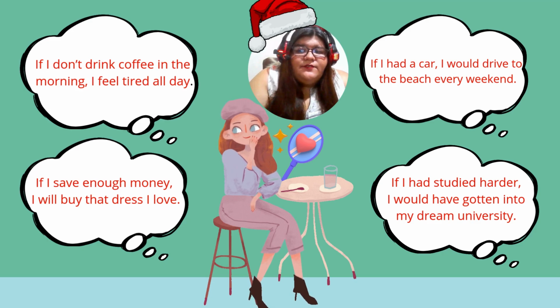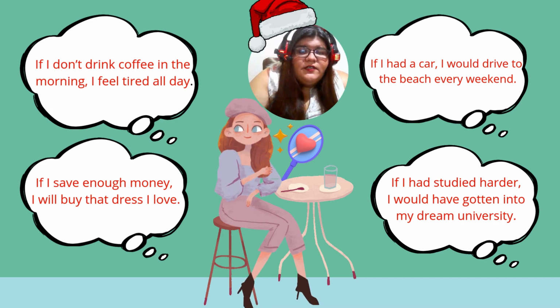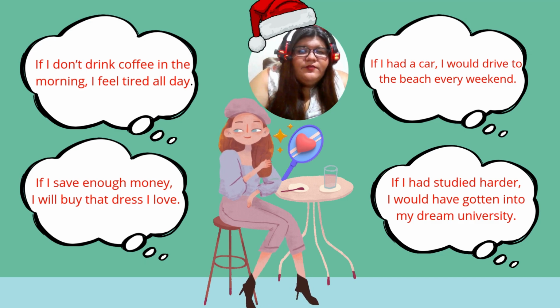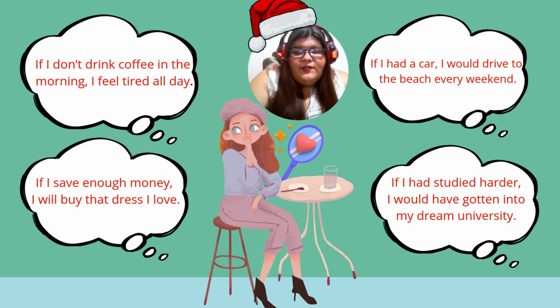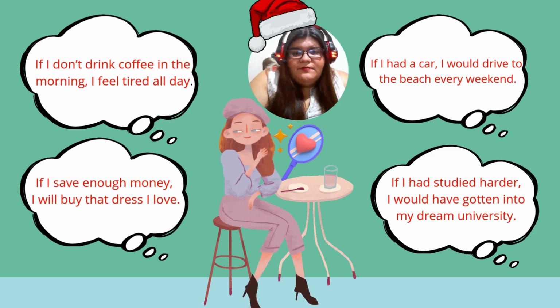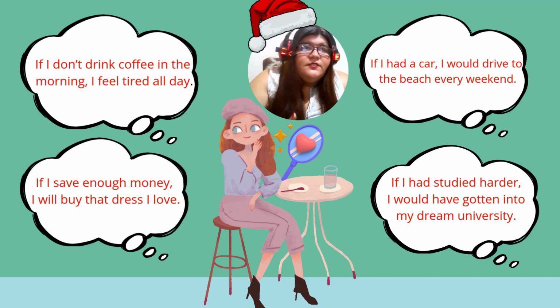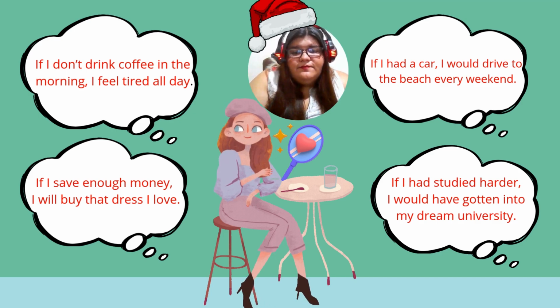If I save enough money, I will buy that dress I love. If I had a car, I would drive to the beach every weekend. If I had studied harder, I would have gotten into my dream university. I hope that you understood a little bit better and that you identified in these examples which is the first, second, zero, and third conditional.